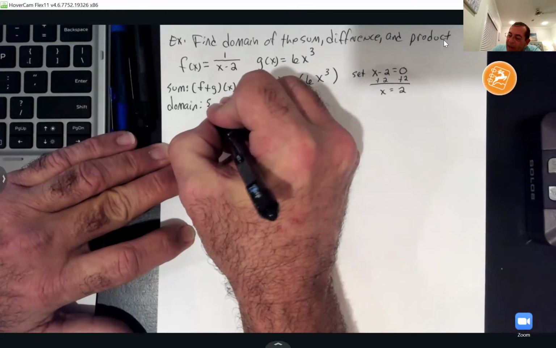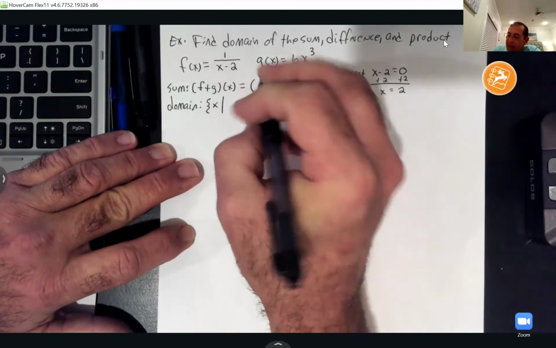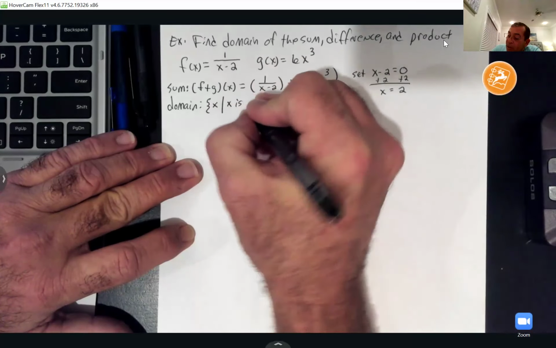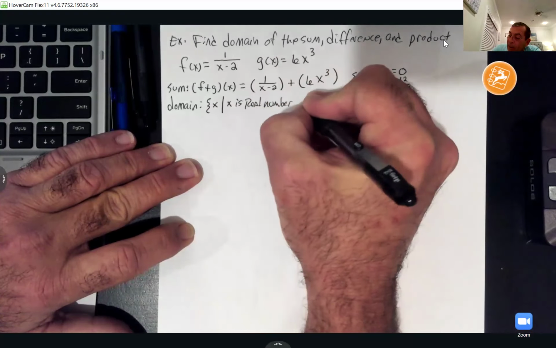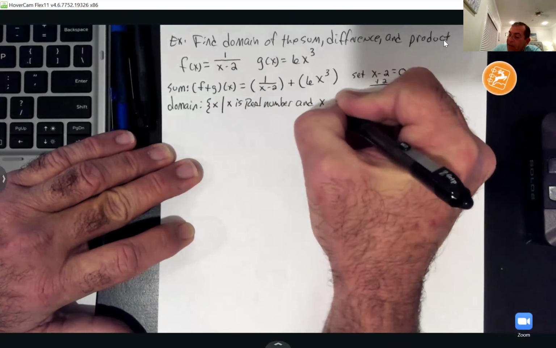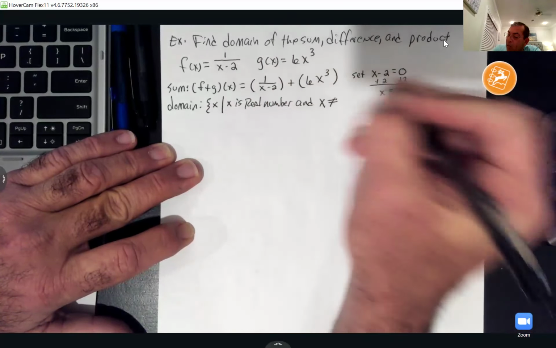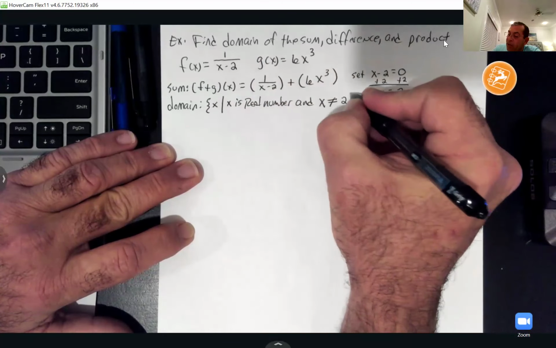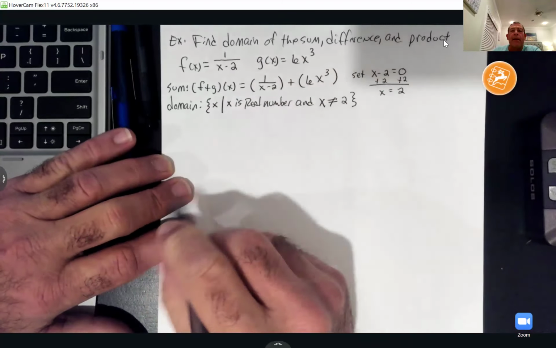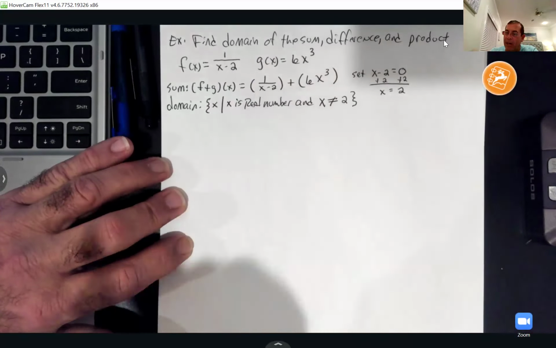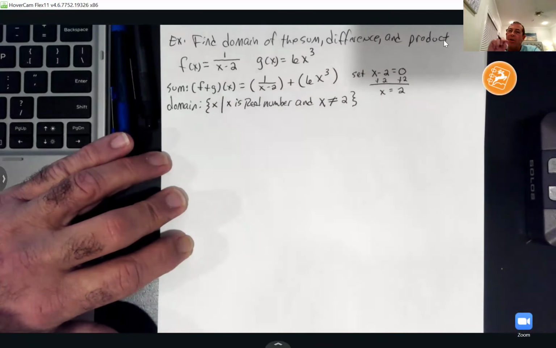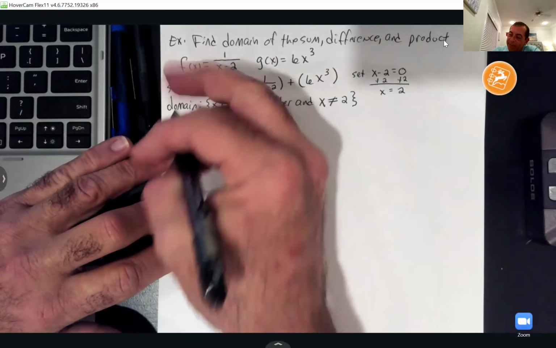So you're going to have x such that x is a real number, and x cannot equal a positive 2. Okay, 2's the only number I can put into that to make that a 0, right? So that's the only number I got to kick out of my domain.